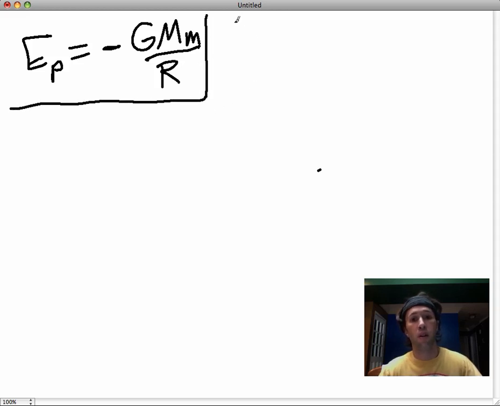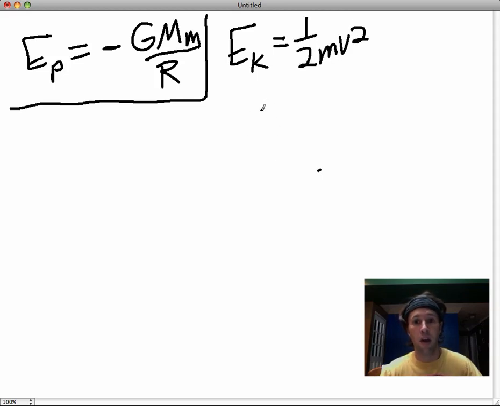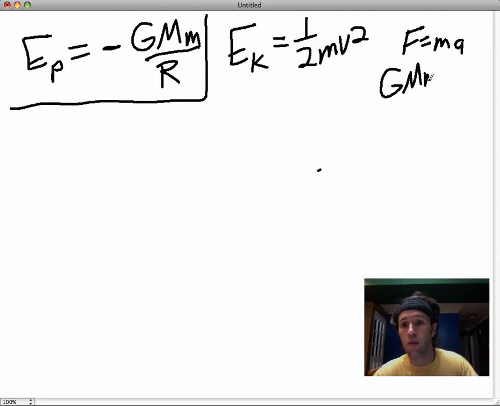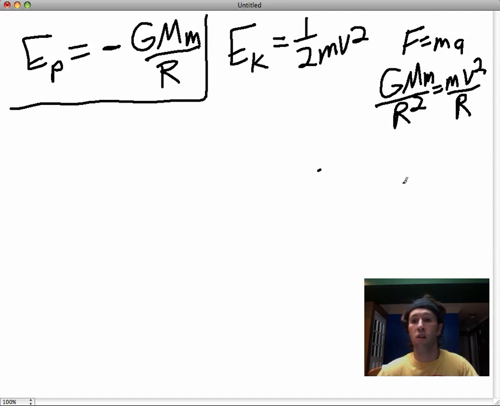and now let's worry about kinetic energy. You should know that kinetic energy is 1/2 mv squared. And if you've got an object orbiting around, that's in circular motion, you should know that F equals ma, that the force of gravity on something orbiting is this equation, and that's going to be v squared over r.